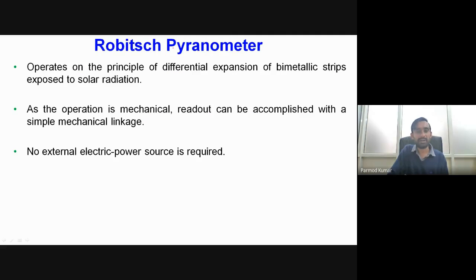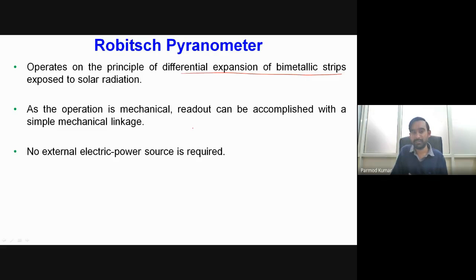Then there is another type of pyranometer, which operates on the principle of differential expansion of a bimetallic strip. I have already told you the principle of the bimetallic strip when we discussed the measurement of temperature. When the bimetallic strip is exposed to solar radiation, depending upon the temperature of the junction, the strip bends.